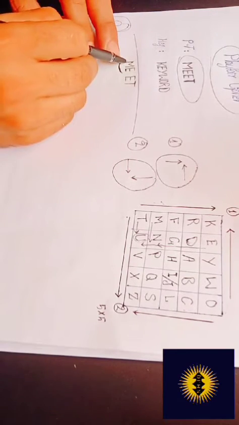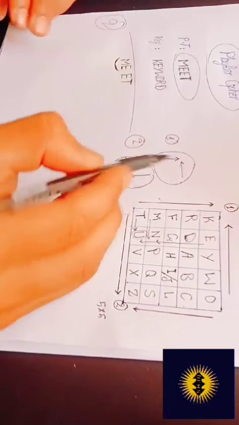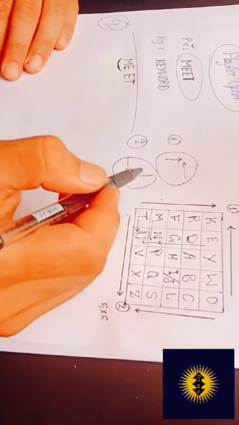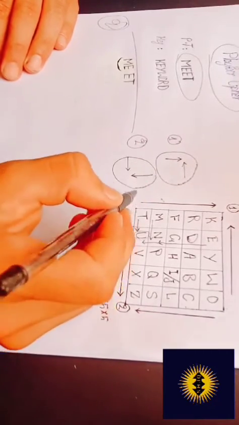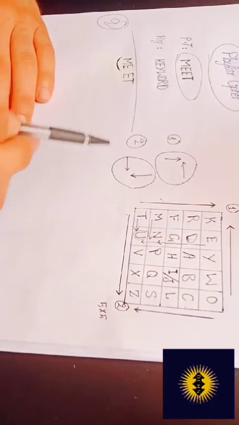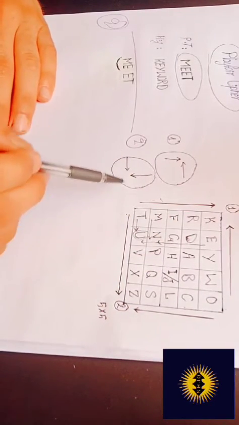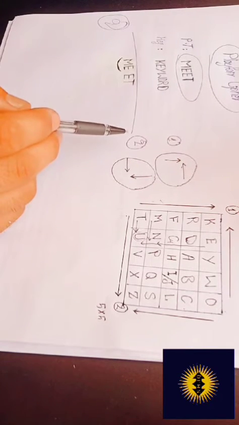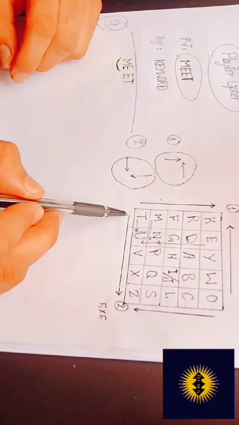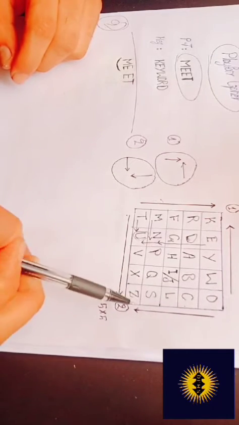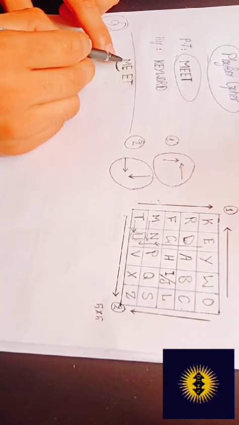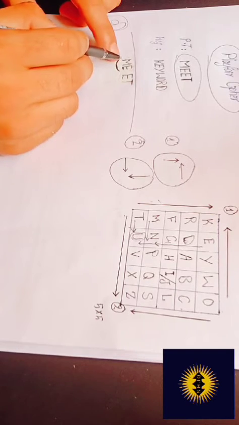So the first rule says that we have to choose the letters which start from bottom to up and from right to left. And the second rule says that we have to see the letters from left to right and from up to down approach. Now if we want to find the first pair, we have to find M first.